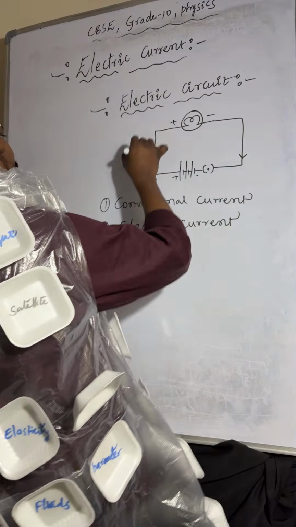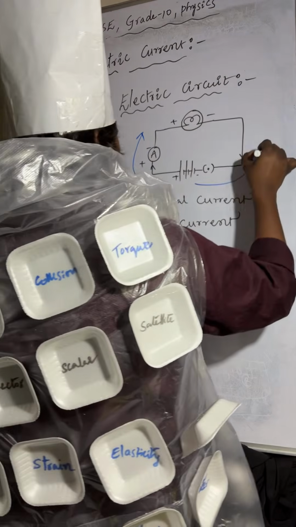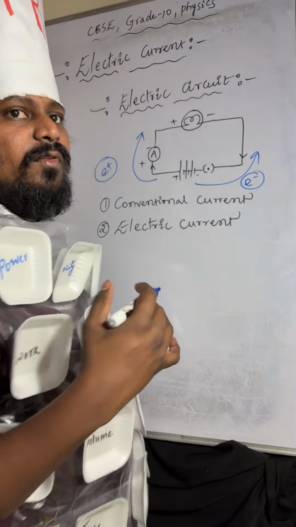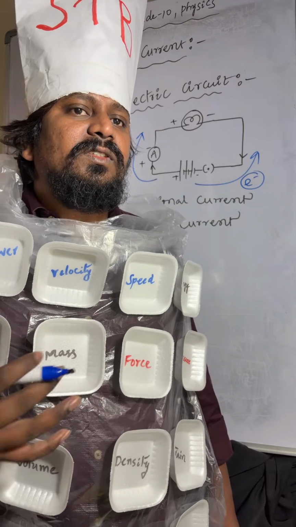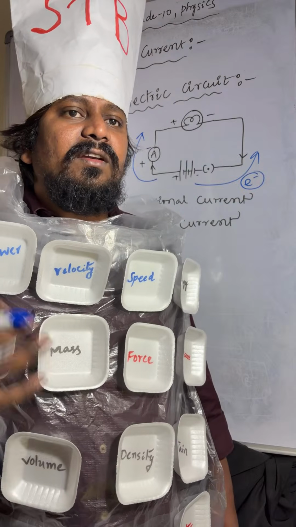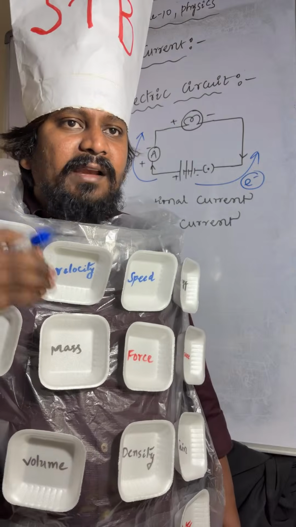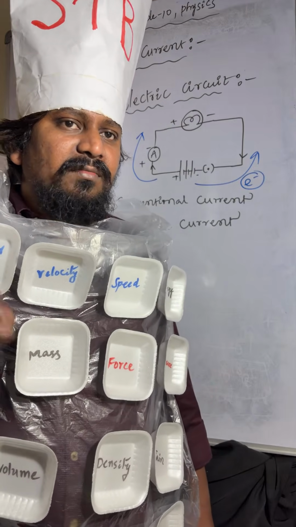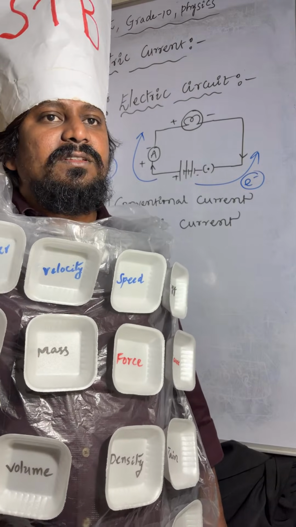Before the electron was discovered, the given statement was that the flow of positive charges is considered the electric current. After knowing that the movement of electrons gives the electric current, let the flow of positive charges be the conventional current, and electric current is the flow of electrons.